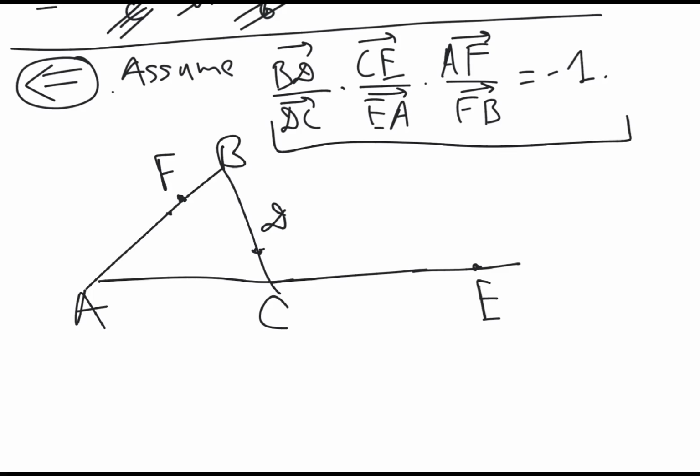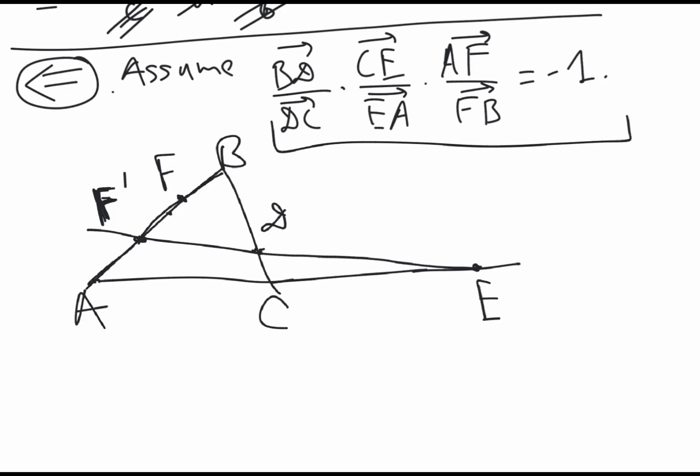So we draw the line through D and E. It intersects the side of the triangle at some point F prime. So we denote by F prime the point where this line DE intersects the third side of the triangle.